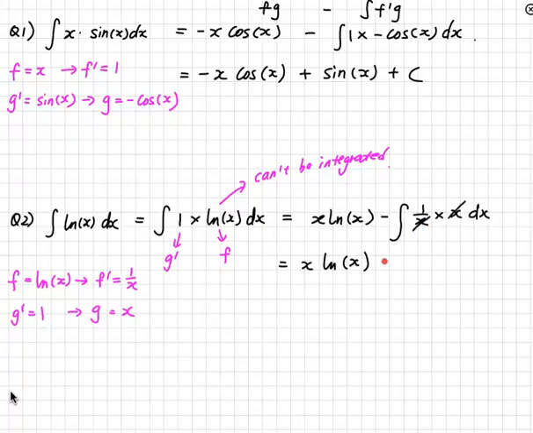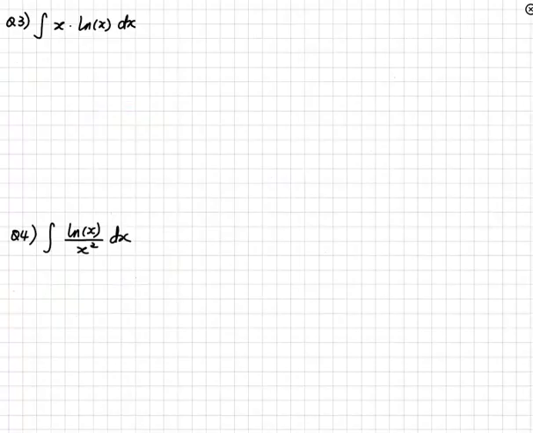So therefore, it is the same as integration of 1 dx. So therefore, the final answer is x natural log of x minus x plus c. Again, please don't forget plus c for the indefinite integral. Now please try question 3 and question 4 and come back to check the answer.